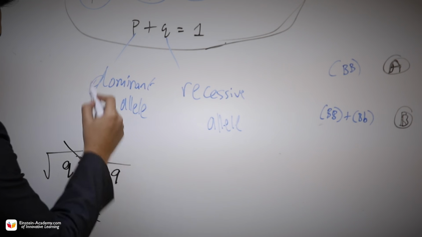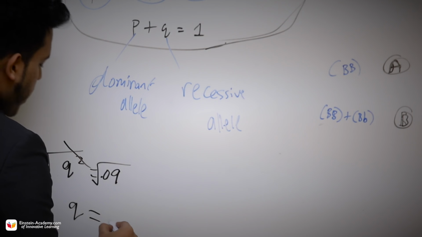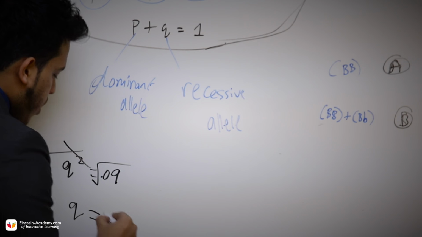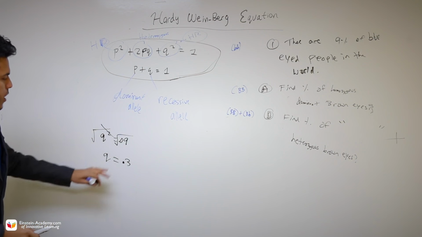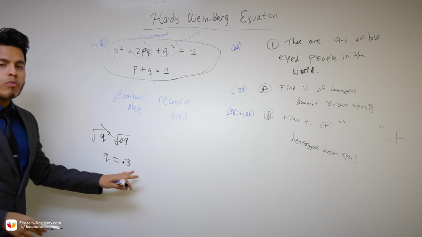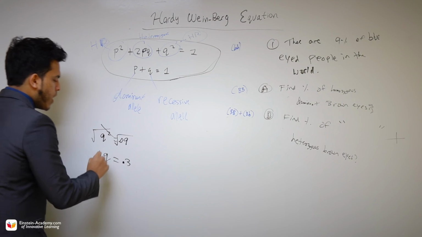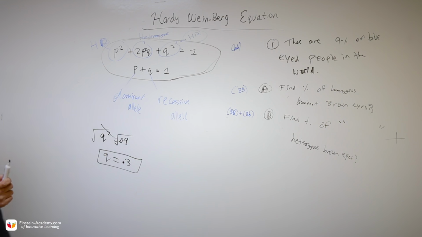Remember the radical and the squared cancel out. And then what is radical 0.09? It's 0.3. You're not allowed a calculator on the AP Bio exam, okay? Don't say you can't do this. Very simple math. Q is equal to 0.3.